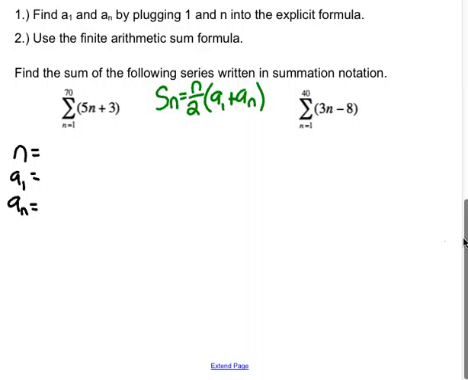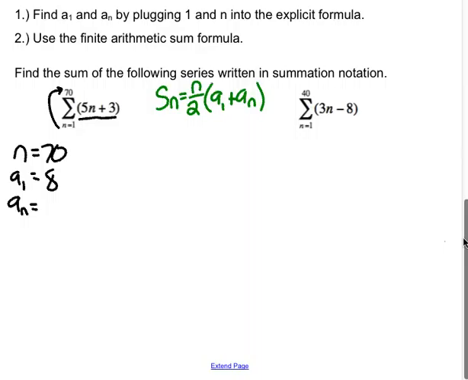n is going to be really easy. If it's going from 1 up to 70, there's going to be 70 terms. Pretty clear cut, right? Now a1. The first term is just plugging 1 into here. So when I plug 1 in there, 5 times 1 plus 3 gives me 8.